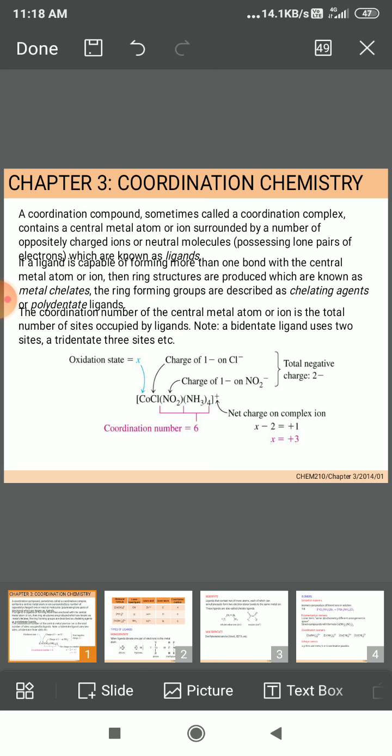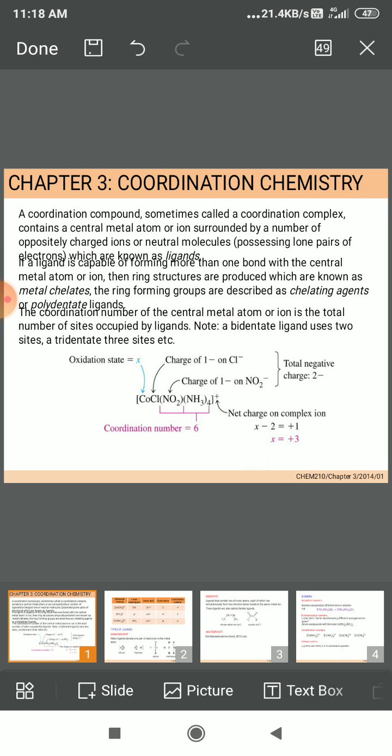The charge of the chlorine atom is -1, the charge of the NO2 group is -1, and the total negative charge is 2 minus. Then the net charge on the complex is X minus 2 negative charge, which is equal to plus 1. Then X is equal to plus 3.